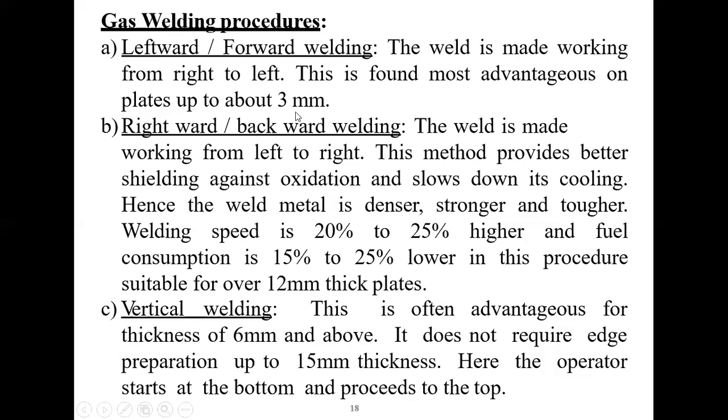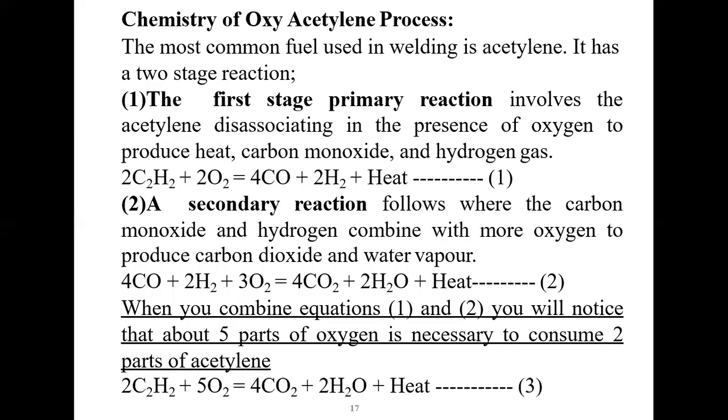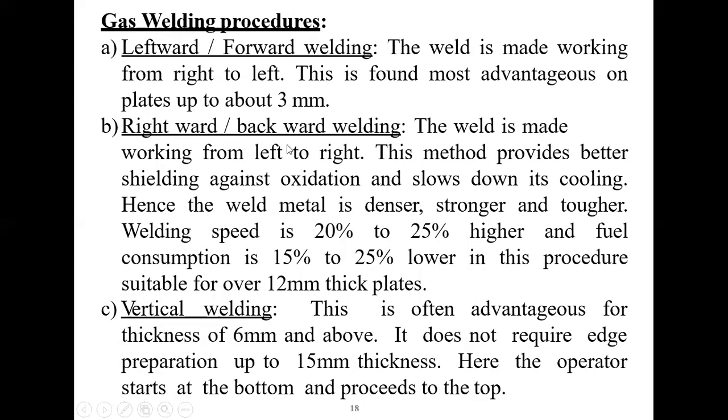So if we want to weld thinner sheets, we prefer this technique, and if we want to weld thicker plates, we use the rightward technique. I'm going to the pictures so we can discuss these topics. Another thing is the vertical welding process, that is not required.